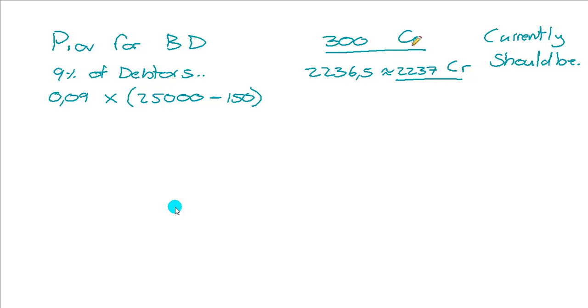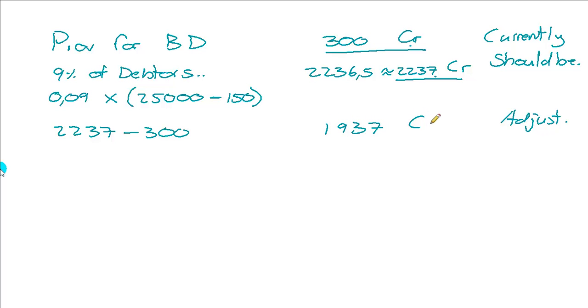So to get it from 300 credit to a 2237 credit, we're going to have to pass an adjustment. And the adjustment is going to be 2237 minus 300, and that is 1937. And that is going to be a credit to which account?